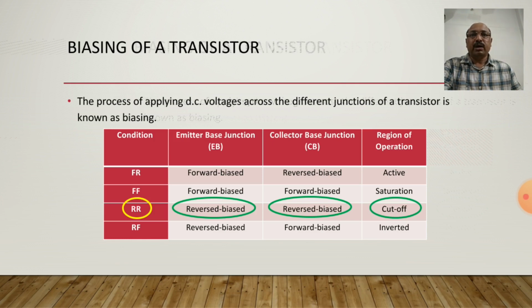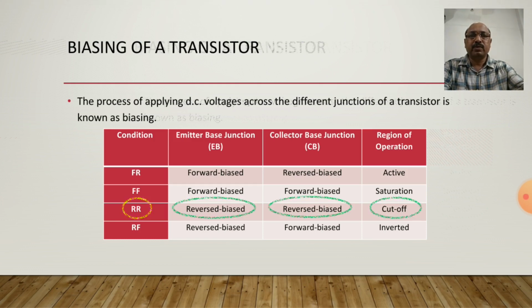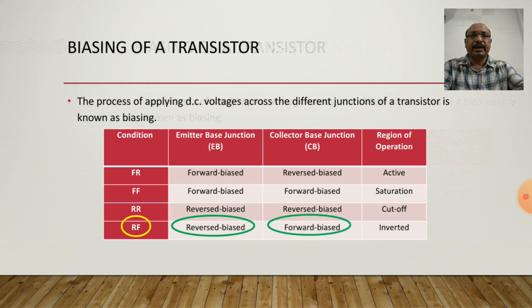Now the last condition is RF bias. It means the emitter base junction is reverse biased and the collector base junction is forward biased. In this situation, the action of the transistor is poor and hence this region is of little importance, and this region of operation of a transistor is called the inverted region.